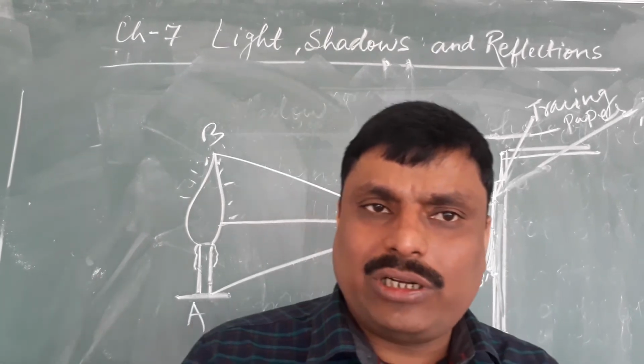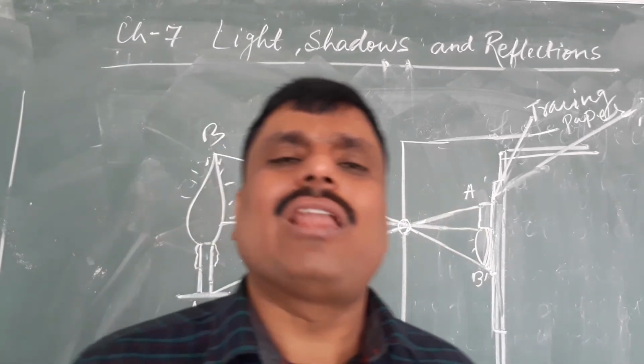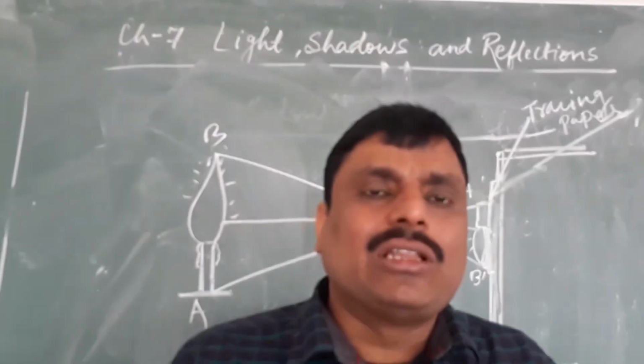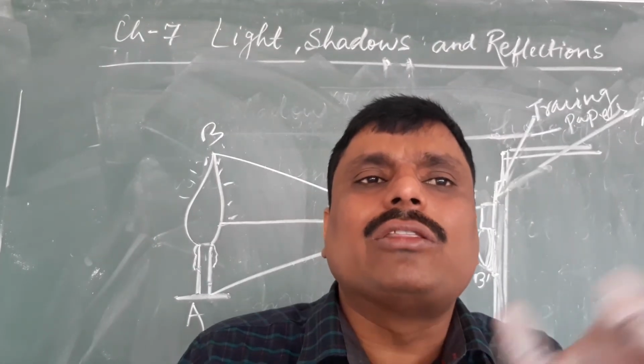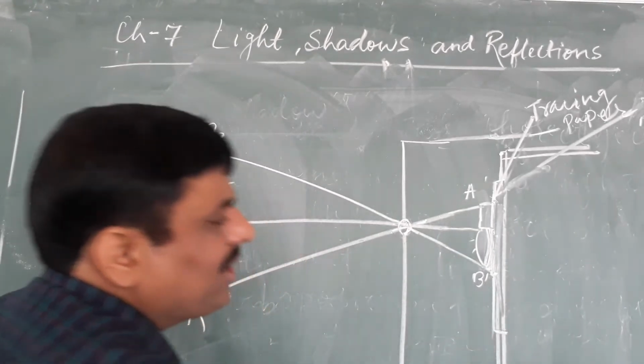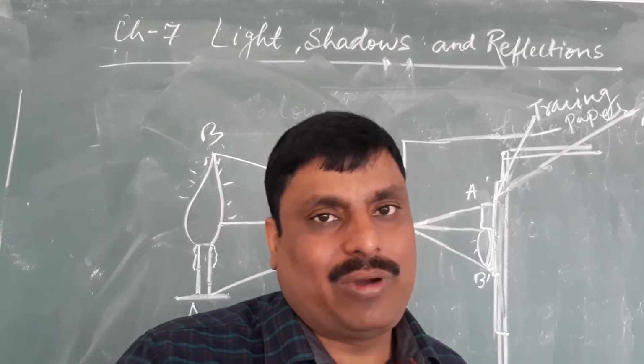If the pipe is straight, it makes the burning candle or any light-producing object, any source of light, visible. But if you curve it, it is not possible for light to travel in a curved path. So the pinhole camera is a device which proves that light always travels in a straight path.